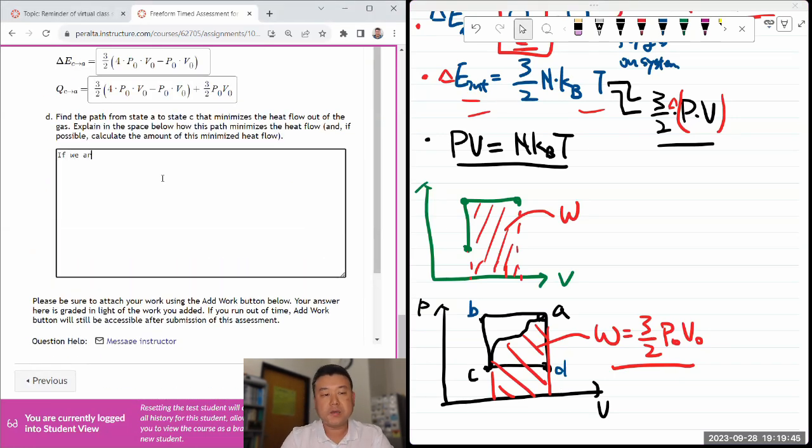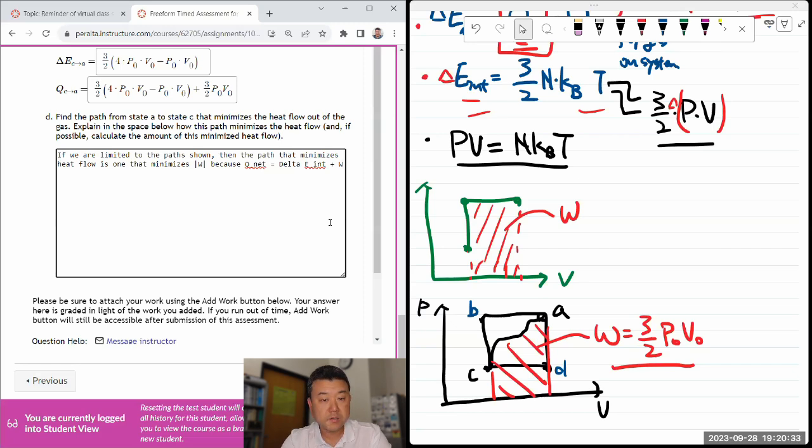If we are limited to the paths shown, then the path from A to C that minimizes heat flow is one that minimizes the absolute value of work done, because the net heat flow is equal to the change in internal energy plus work done. Wait, let me think this through.